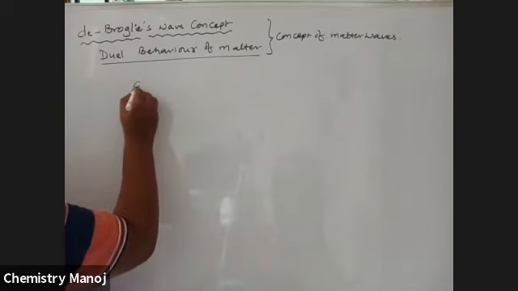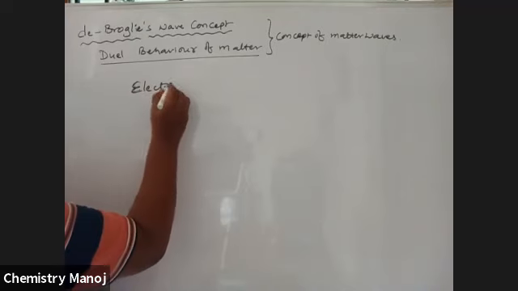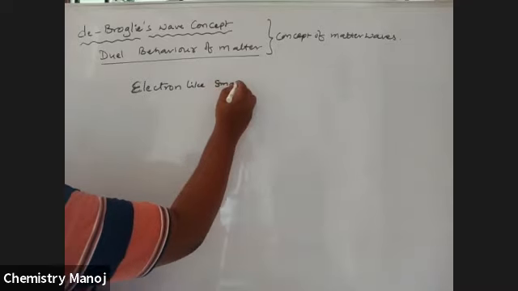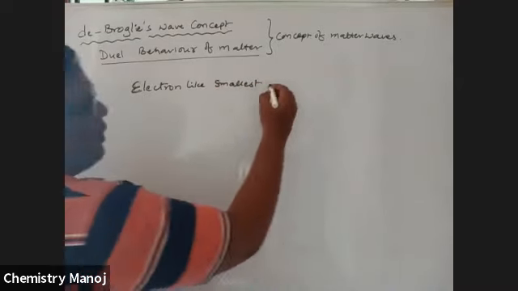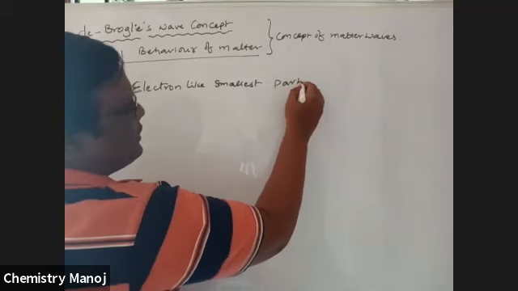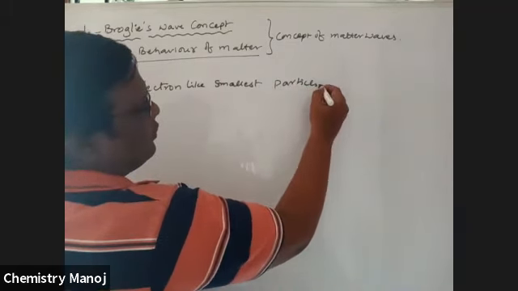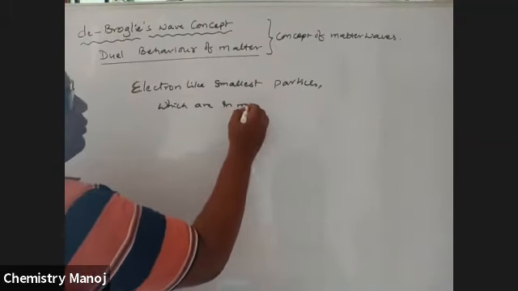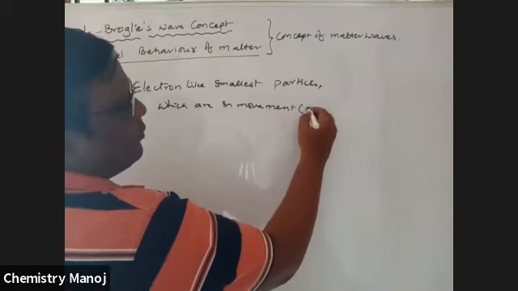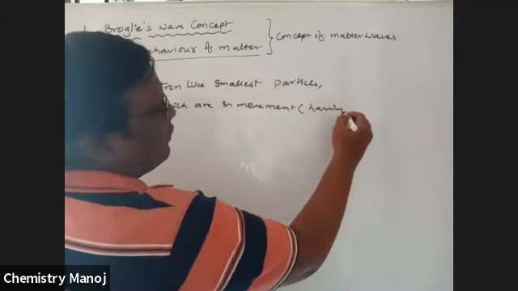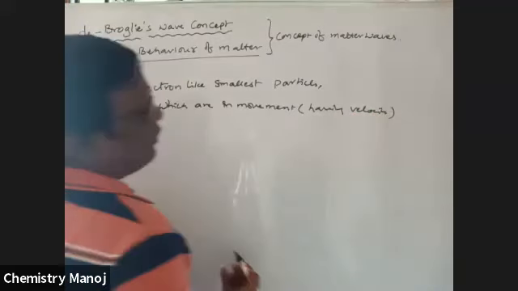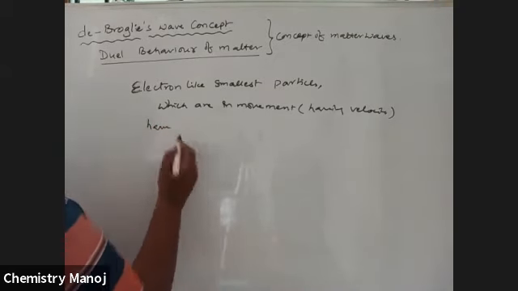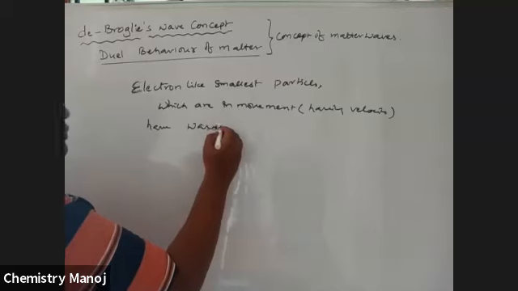Electron-like smallest particles, which are in movement, that means having velocity, have wave nature also.